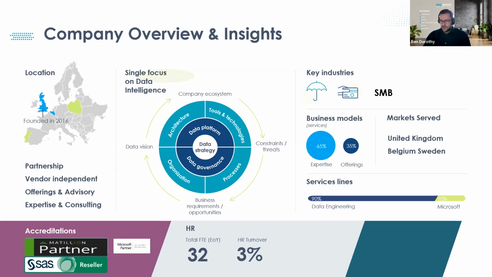Our business model is focused on consultancy expertise, and the offerings make up about 35% of our business. So that's in the licensing and software space. The primary markets we're working in is UK and Belgium and Sweden, but we also operate across the European Union.